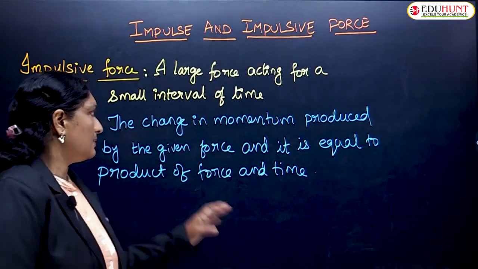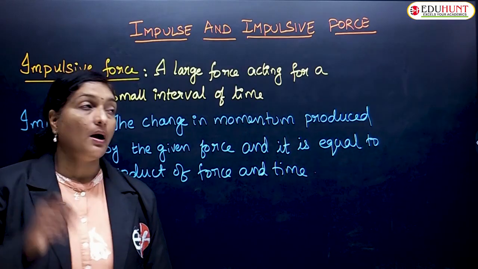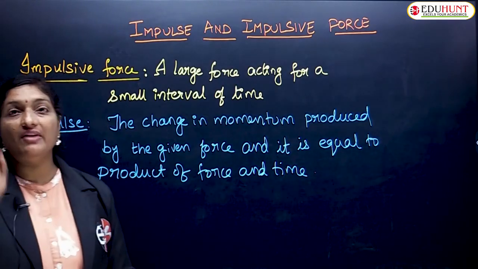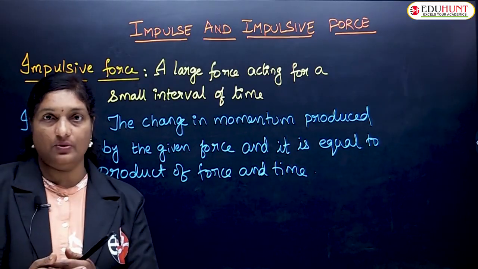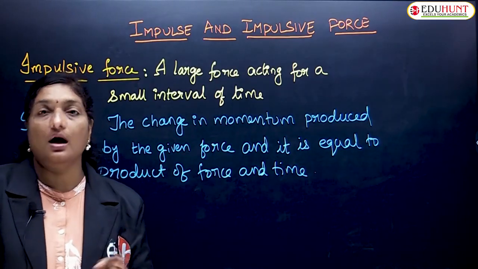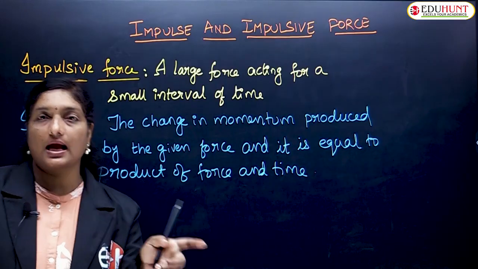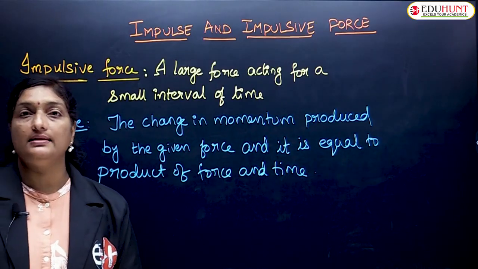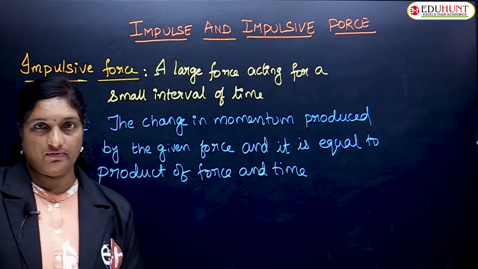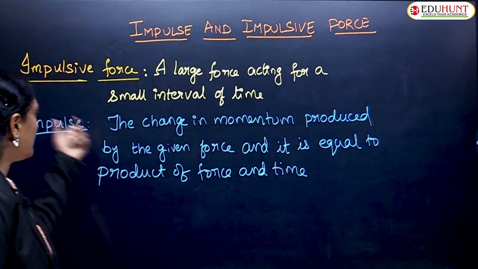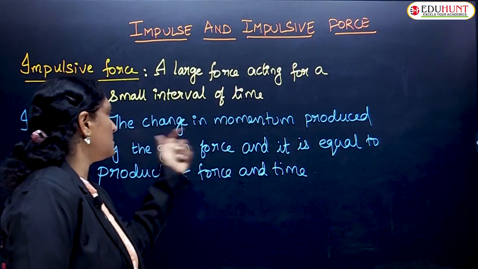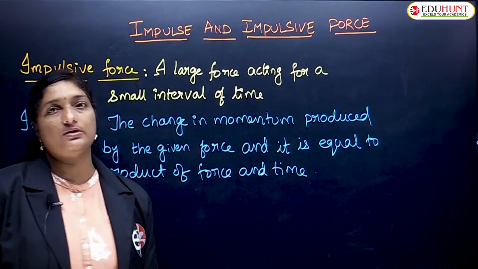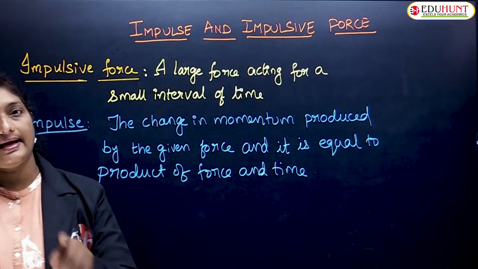So the change in momentum produced by the given force, which equals the product of this force and time, is called the impulse of the given force. So impulse of a force is defined as the change in momentum produced by the given force, and it is equal to the product of the force and time.